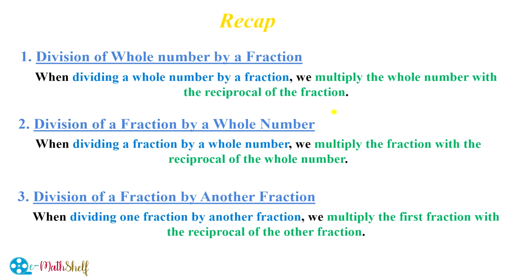And we have seen that when dividing one fraction by another fraction, we multiply the first fraction with the reciprocal of the other fraction. Okay, so always remember, when dividing fractions, we will convert the division sign into multiplication. And we will take the reciprocal of the divisor always.